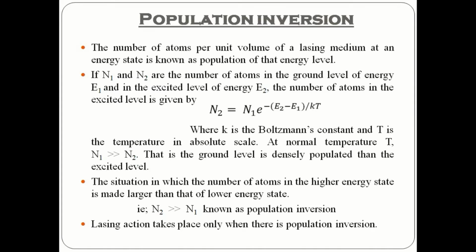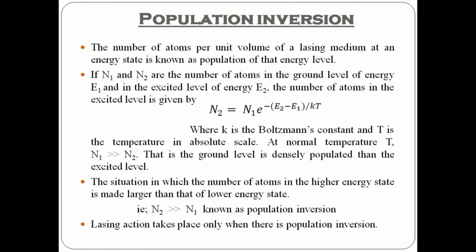Now if n1 and n2 are the number of atoms in the ground level of energy E1 and in the excited level of energy E2, then these two numbers of atoms can be related by the relation n2 is equal to n1 e raised to minus (E2 minus E1) divided by kT, where k is the Boltzmann constant and T is the temperature in absolute scale.